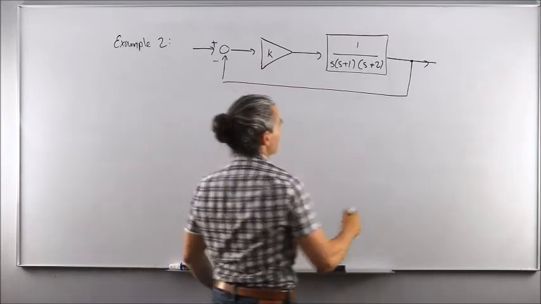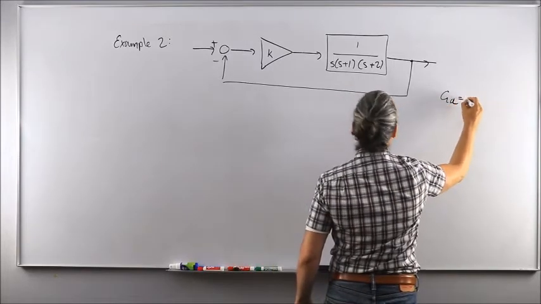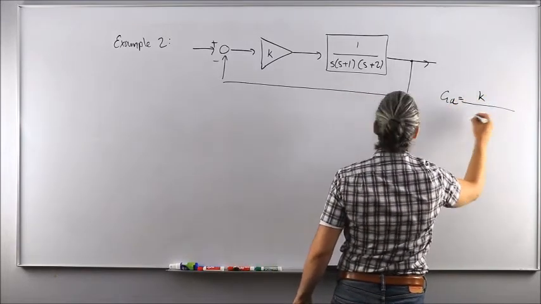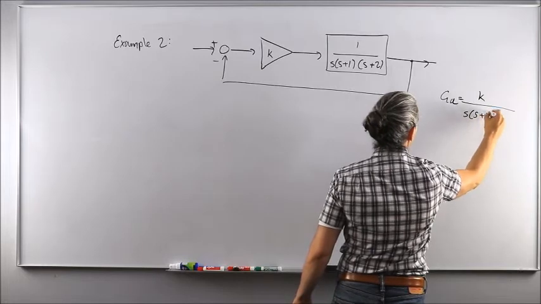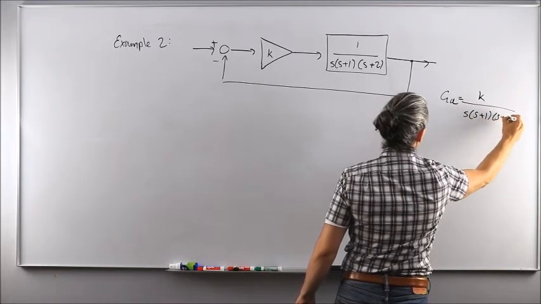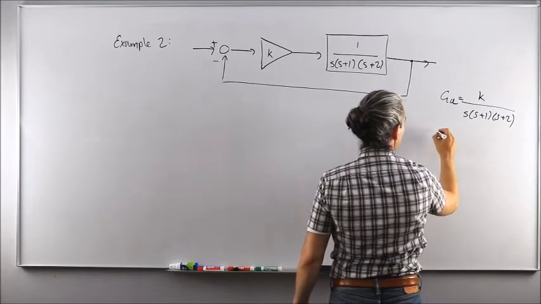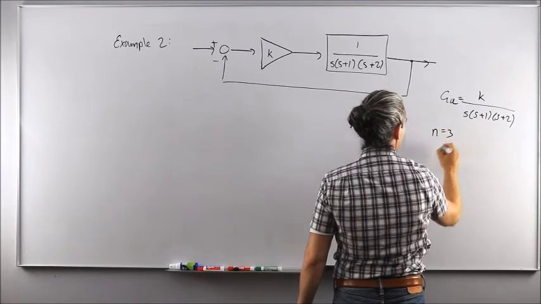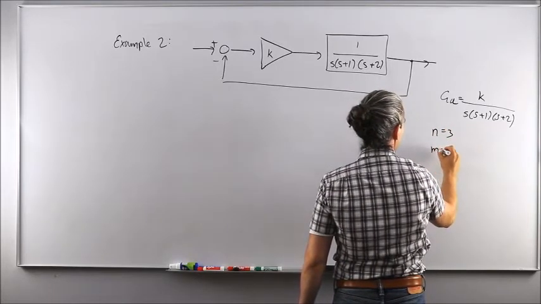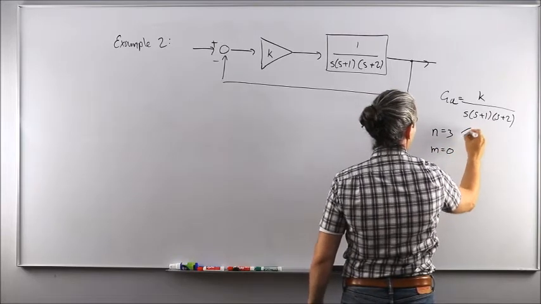So, first things first, G open loop is K over S times S plus 1 times S plus 2. I have got 3 poles, n equals 3. I've got no zeros, m equals 0. Where are my poles?